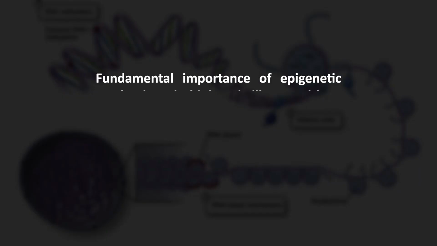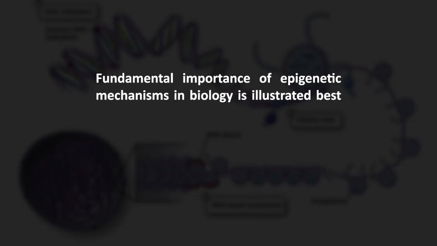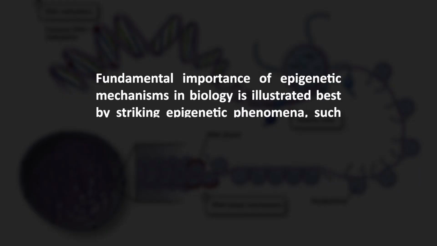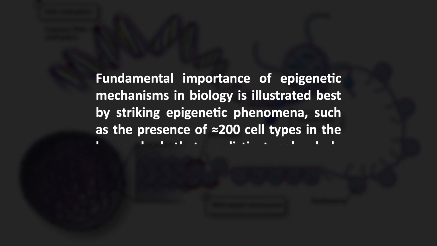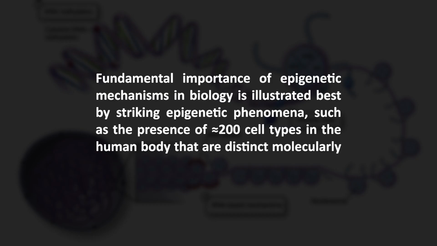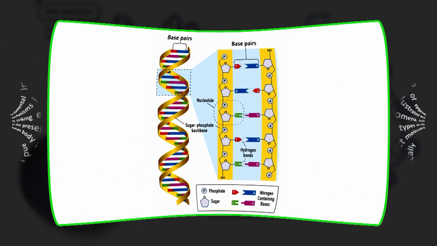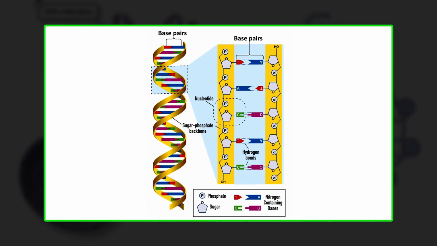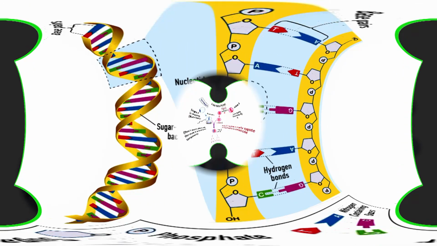The fundamental importance of epigenetic mechanisms in biology is illustrated best by striking epigenetic phenomena such as the presence of 200 cell types in the human body that are distinct molecularly and phenotypically, although nearly all of them share identical DNA sequences.